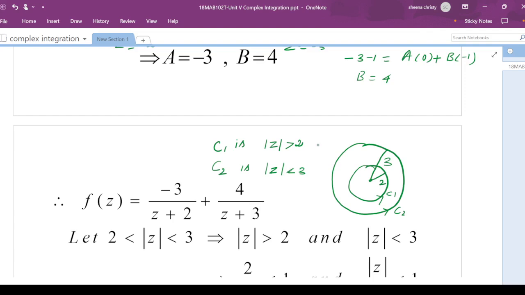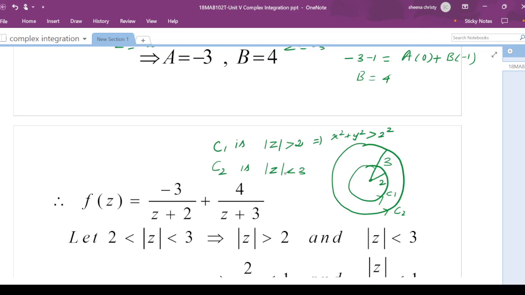That means what? Mod z greater than 2 means you can write this as x square plus y square greater than 2 square. That means you have to consider the region outside of this circle, center 0, 0 and radius 2, the exterior of this circle.